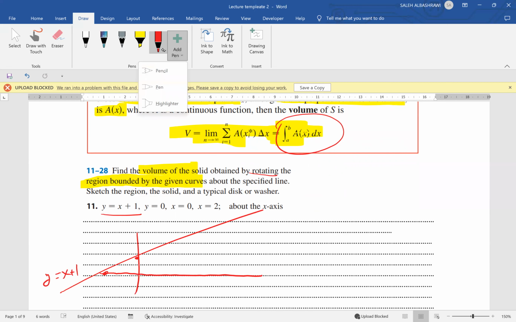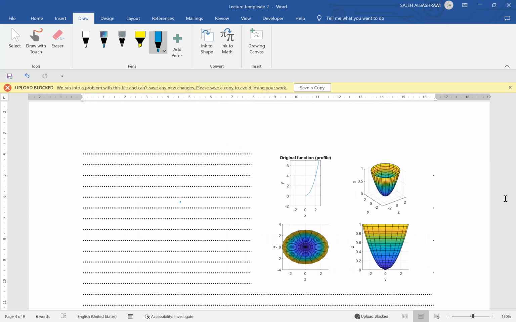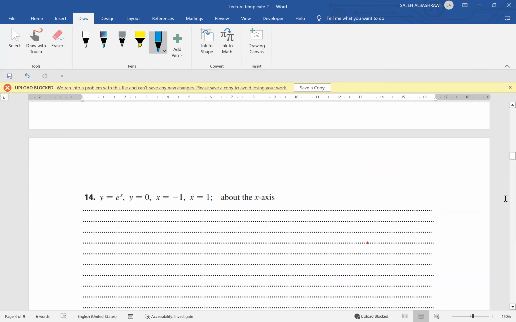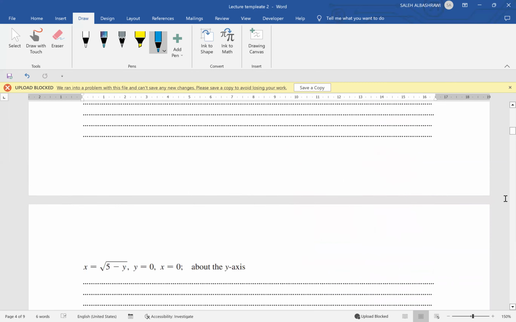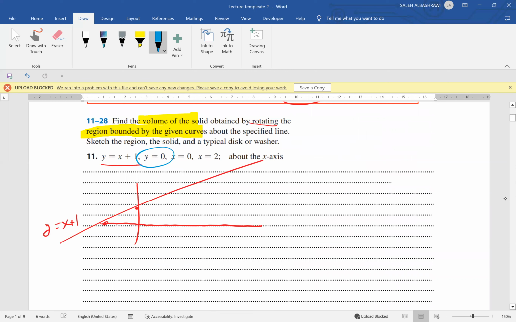Now for the second one, I have also y equal to 0. This one is the x-axis.